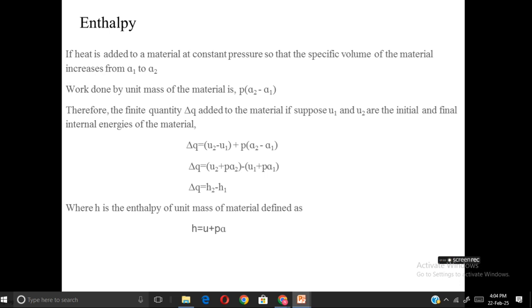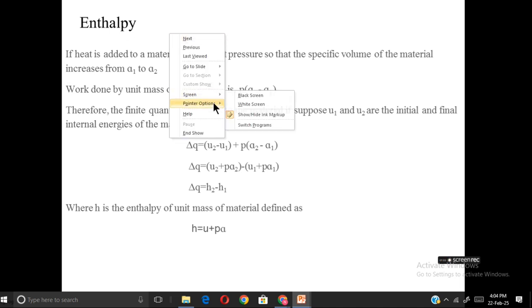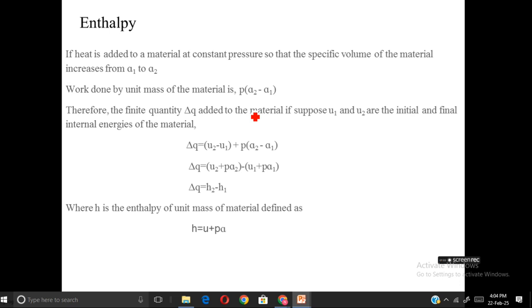Now let's look at another important parameter, which is enthalpy. Suppose we are adding heat to a material at constant pressure, so that the specific volume of the material increases from alpha 1 to alpha 2. Specific volume is basically the volume corresponding to 1 kilogram of a substance or a material.